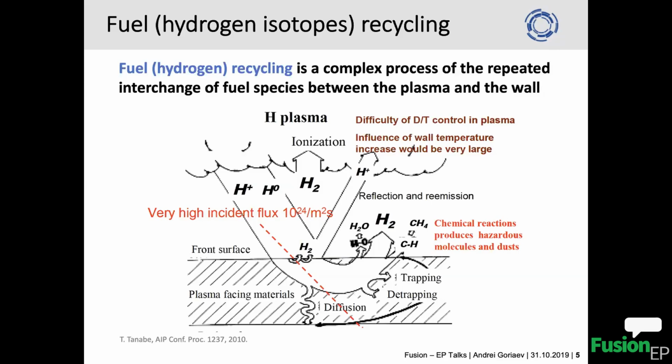If you look at the picture here, you have diffusion of hydrogen, trapping, detrapping, some chemical reactions, depending again on the type of your plasma-facing material. Especially if you have some carbon, you will have a production of hydrocarbons, mainly methane.